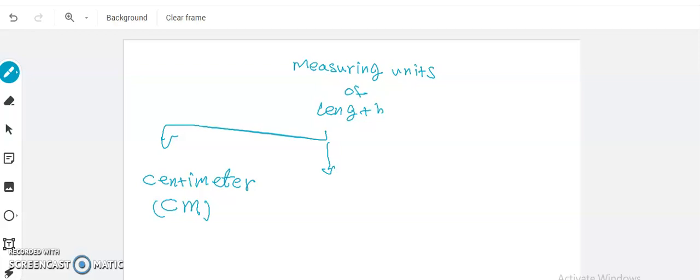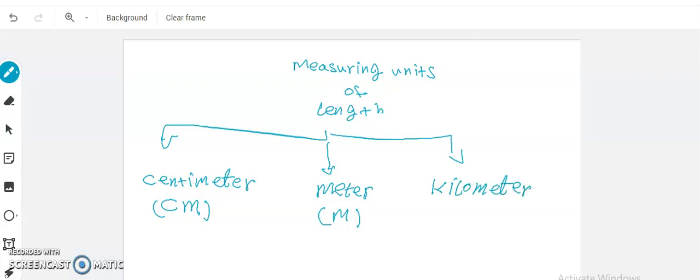Another unit which is larger than the centimeter, the meter. The short for it is m. Another one, kilometer. The short one is km.